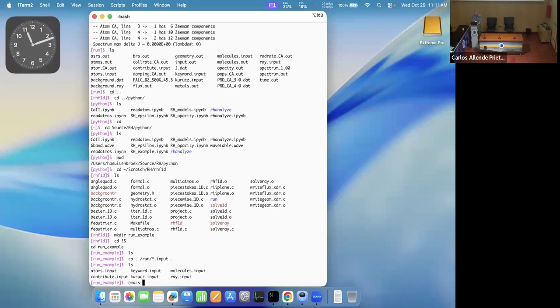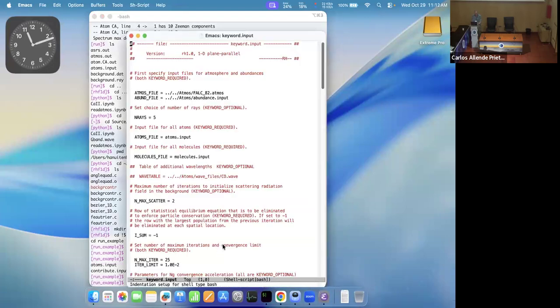Then we can edit, for instance, the keyword.input file. If I want to take a different model atmosphere, I can do this.